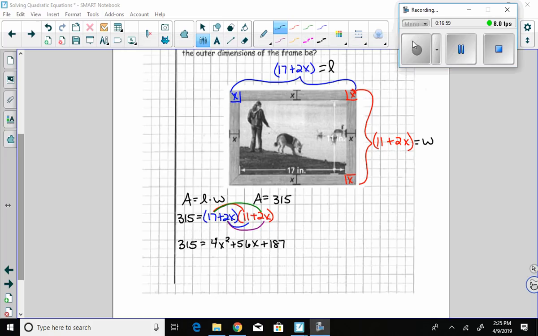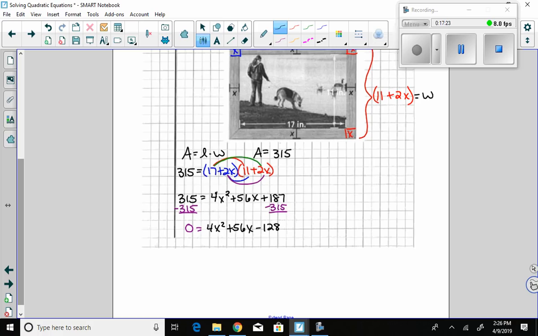So when you FOIL it, you should get 4x squared plus 56x plus 187. Remember, this has to equal 0. So that means I've got to subtract the 315 over to the other side. So now I have 0 is equal to 4x squared plus 56x minus 128.